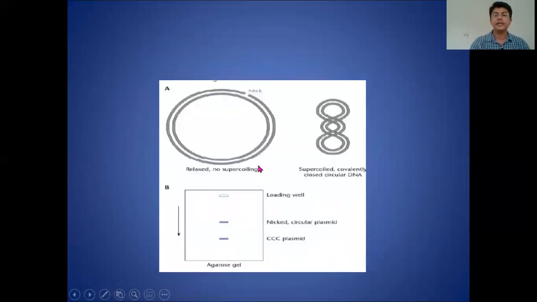Now here the mobility of these DNA molecules in different topological forms can differ from each other. So here the relaxed DNA and supercoiled DNA is shown.